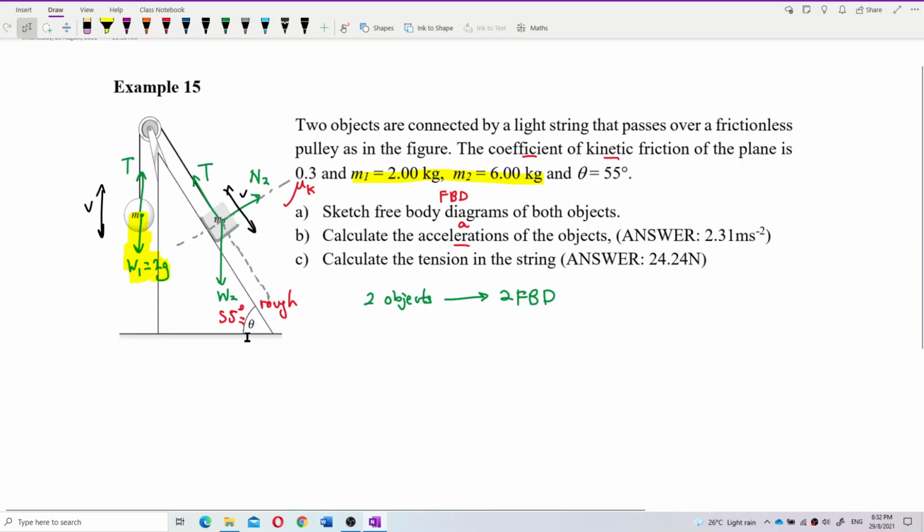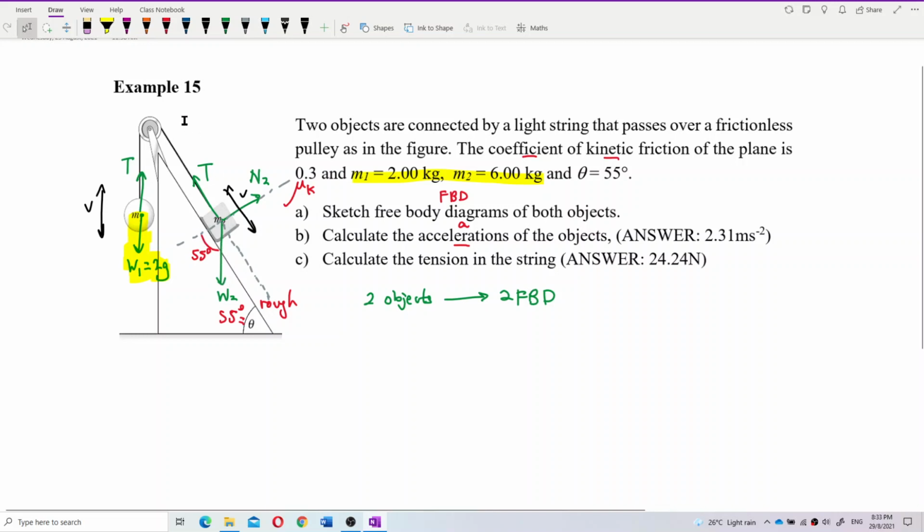I did mention in the earlier video, when this angle is theta, 55 degree, this angle here is also 55. I already explained why in my earlier video, so go and search for it. So this is angle theta here, 55 degree.